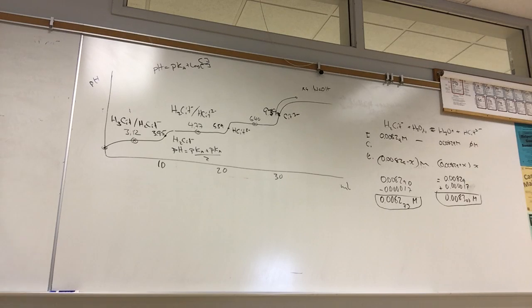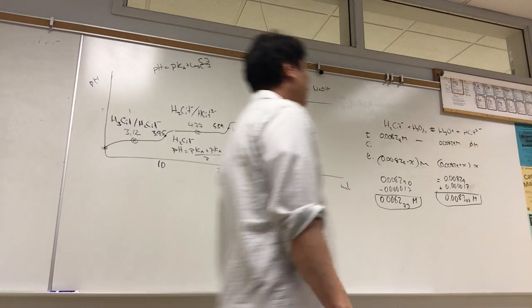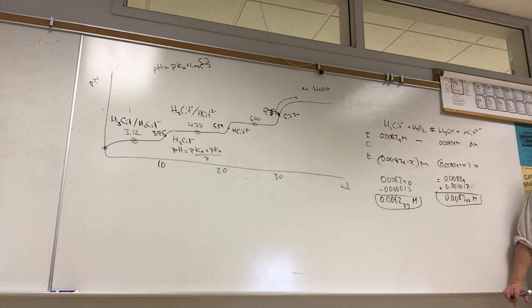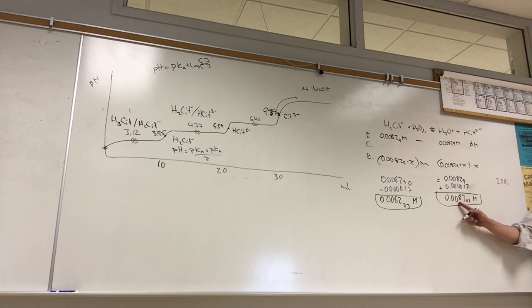And so if we calculate the pH based on step 1, what does it come out to? You calculate the pH before we added step 2, which is 0.00829. The negative log of that would be what? First one is positive 2.081. Okay. And then the second one, the negative log of this, is 2.08.